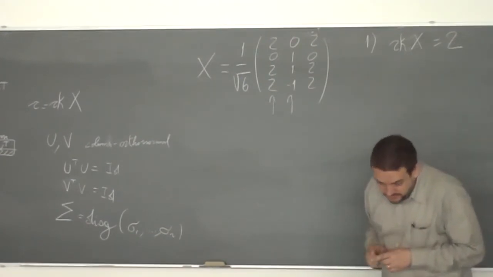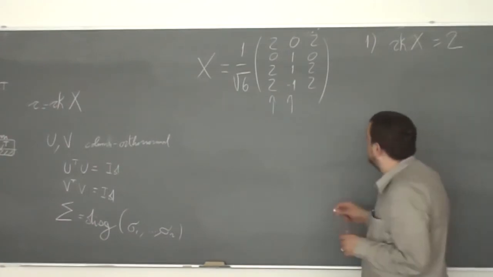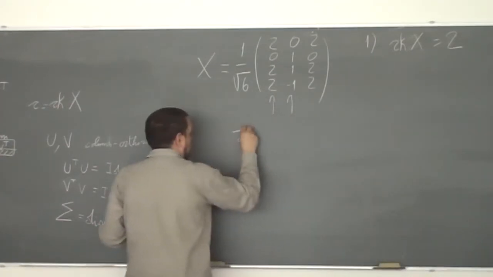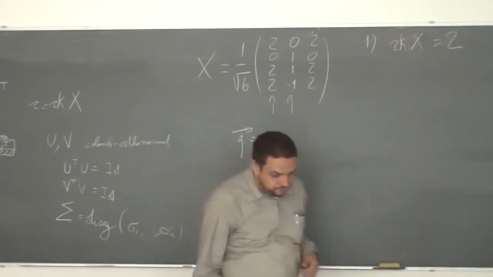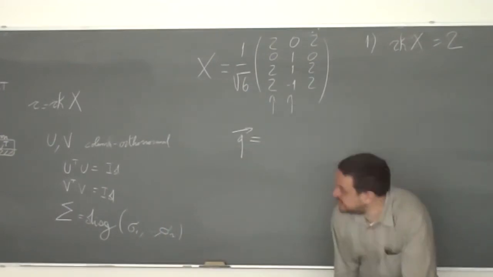So the first question was just about understanding what the rank of a matrix is. The second question: we have a query Q, 1, 3, 0, minus 2.